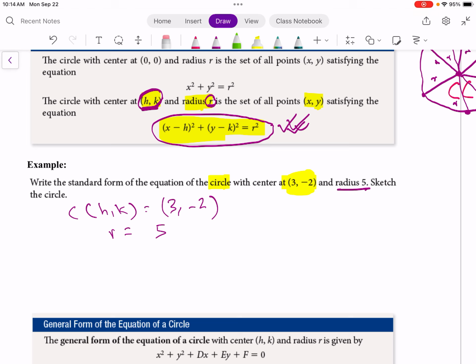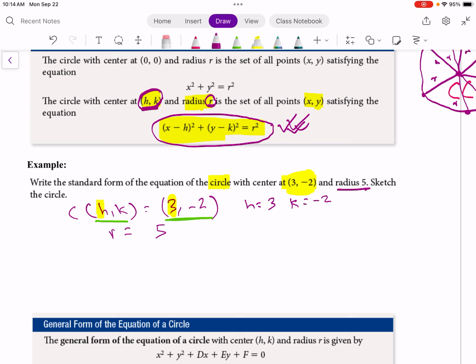Now if you compare (h, k) and (3, -2), what is h equal to? h is the x coordinate, so our h is 3, and k is the y coordinate of the center. k is -2. So you have h, you have k, you have r.